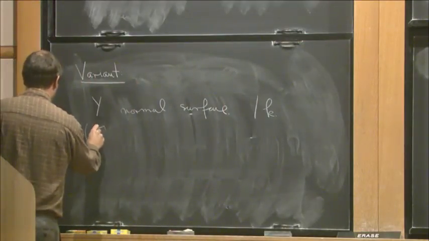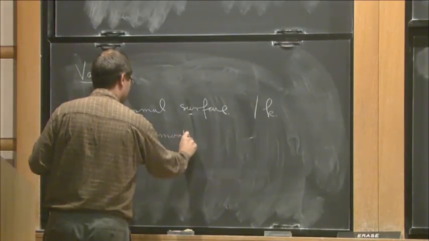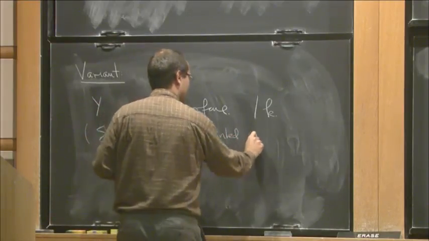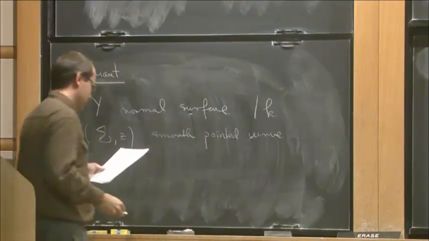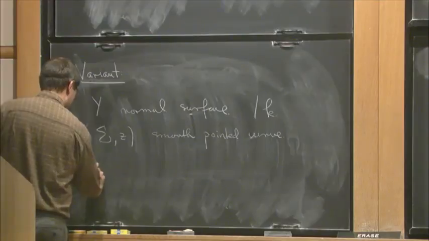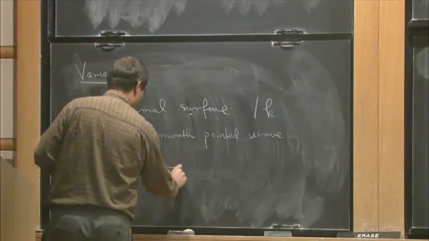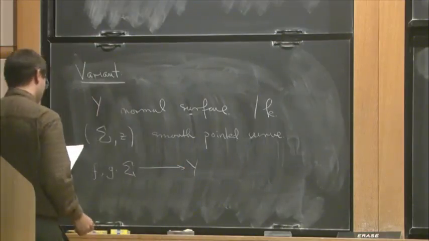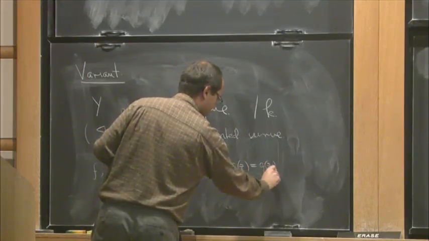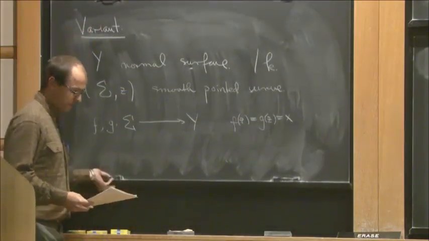And let's suppose I have a smooth pointed curve, not proper, but just say an affine curve. And let me suppose I have two maps from this curve to my Y, my surface, and f of z is equal to g of z is equal to some point x. So they have a common point.